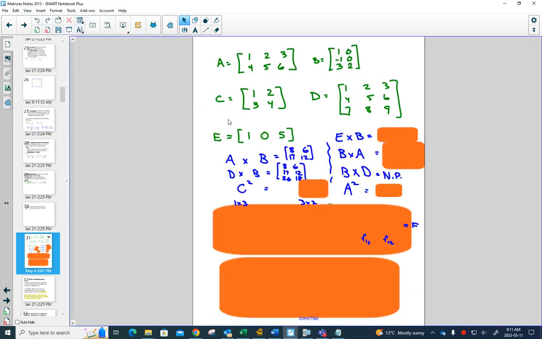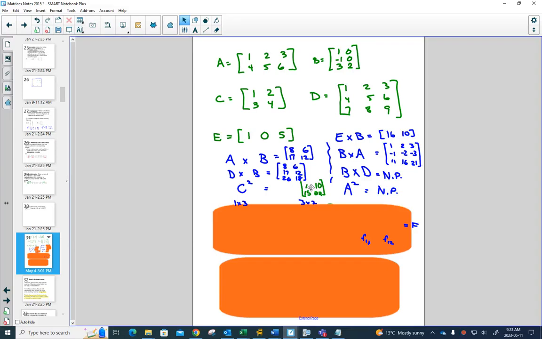Write down the answers for the following: A times B, D times B, C squared, E times B, B times A, and A squared. Find out those answers, and then we're going to try and figure out how this works.